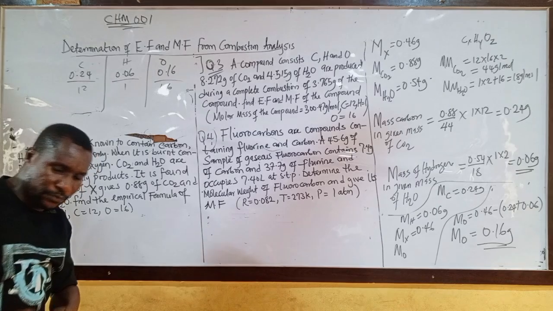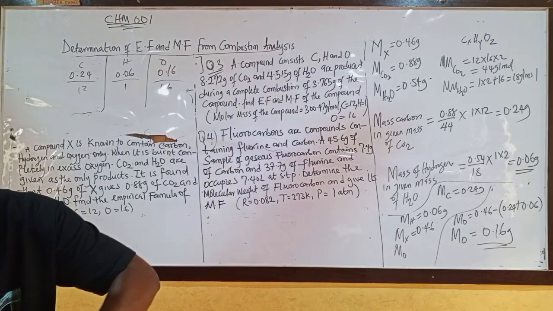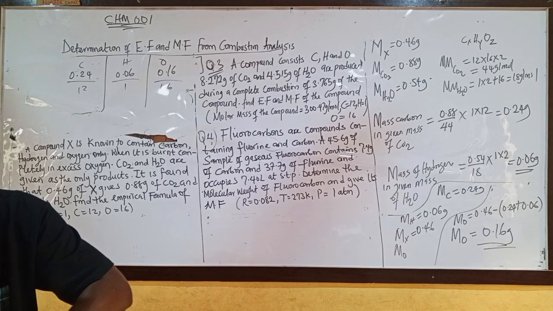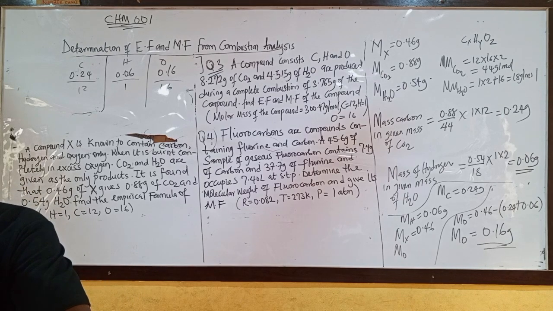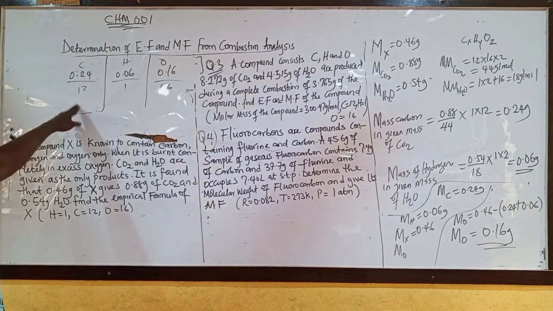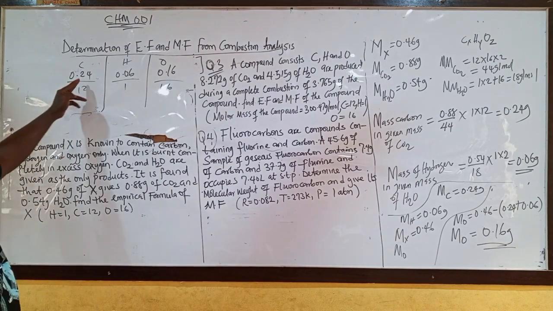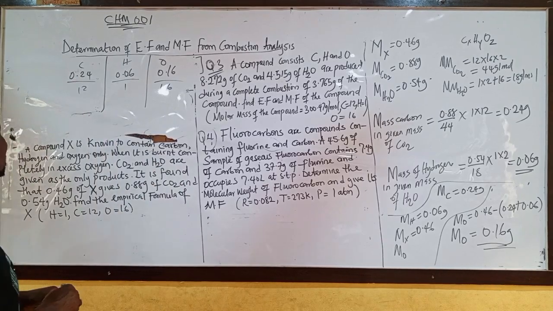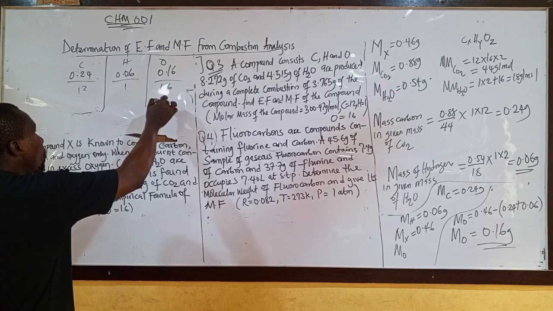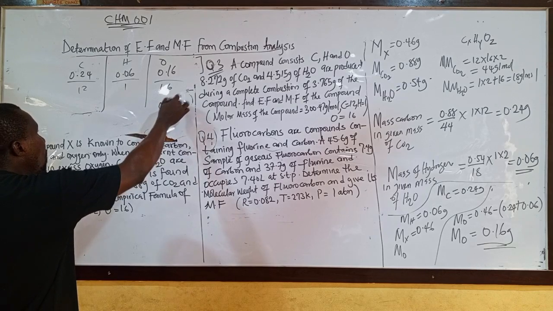What will you have? In this case, 0.24 divided by 12 will give you 0.02.